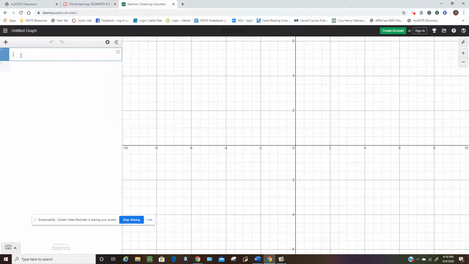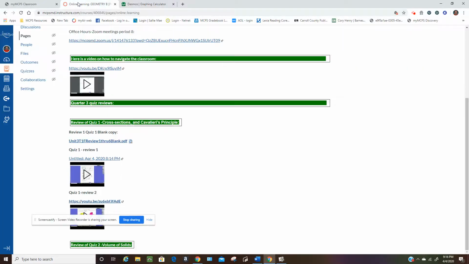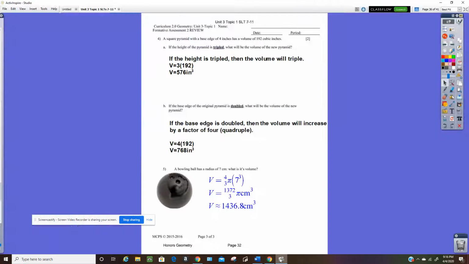And here's a space where I can do the problem. So the problem that I want to look at is 4/3 times pi times 7 cubed. That's the problem I want to put on the Desmos calculator.